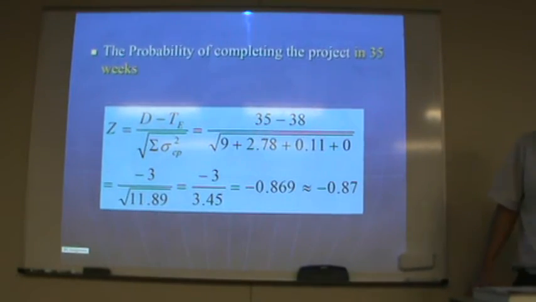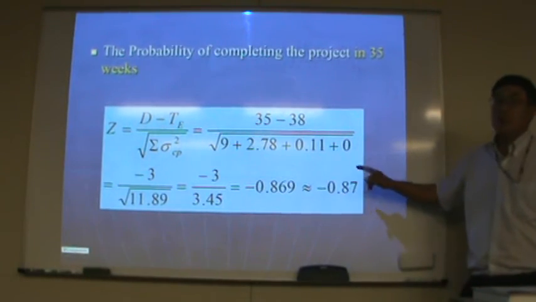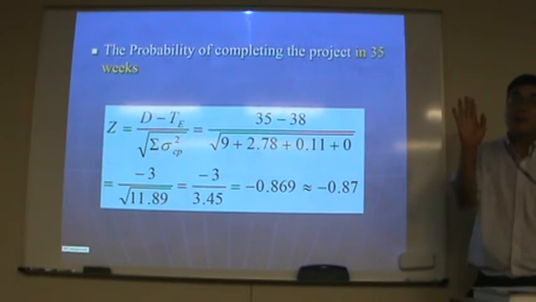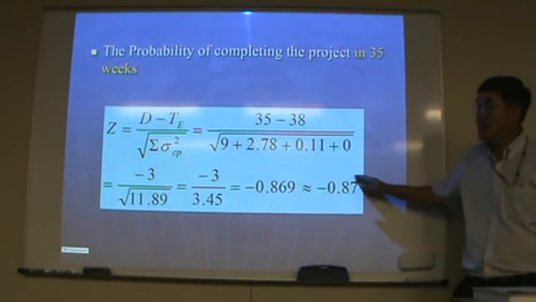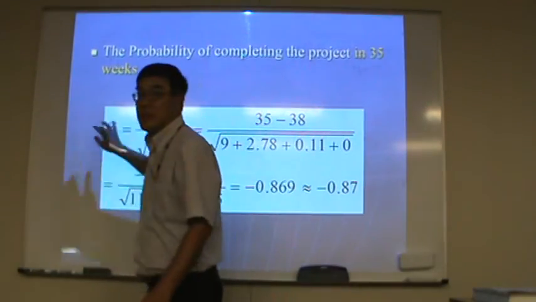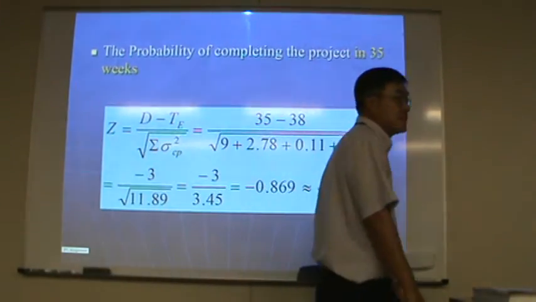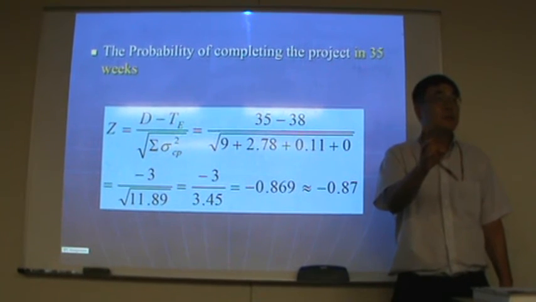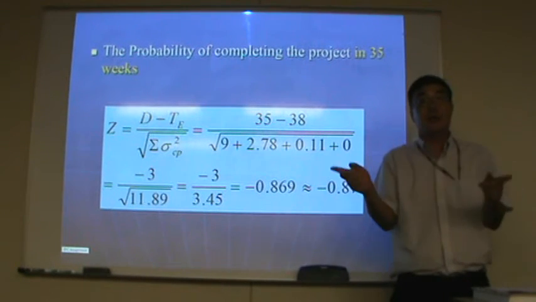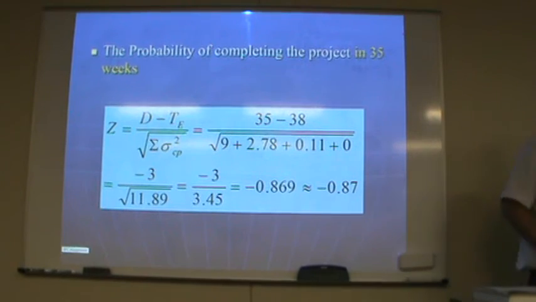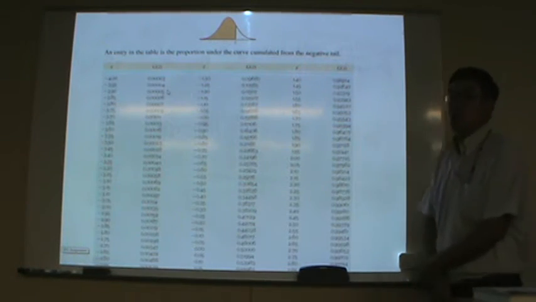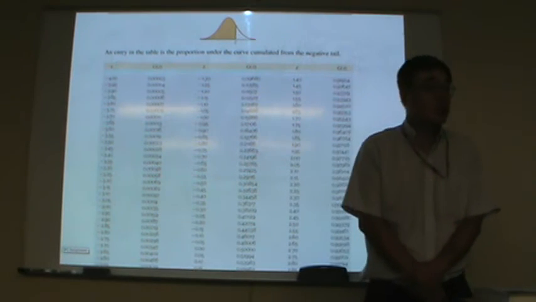This negative 0.87 is not a percentage. This is a z-score, right? Using that z-score, we can find the area. The normal distribution chart is attached.